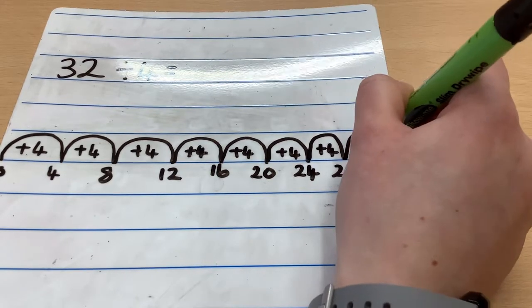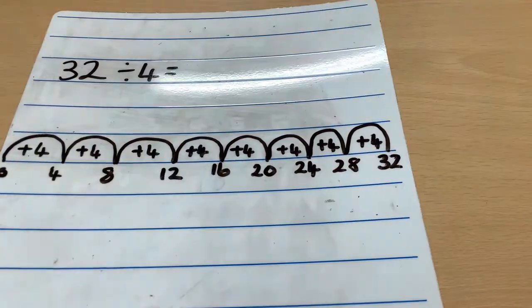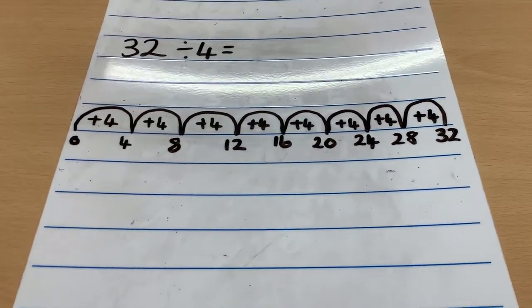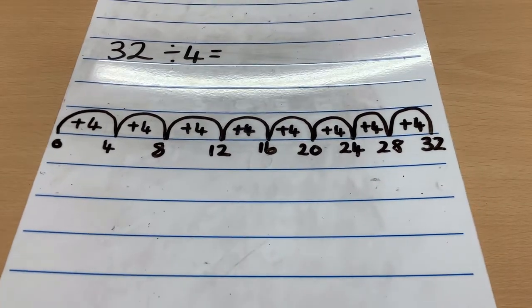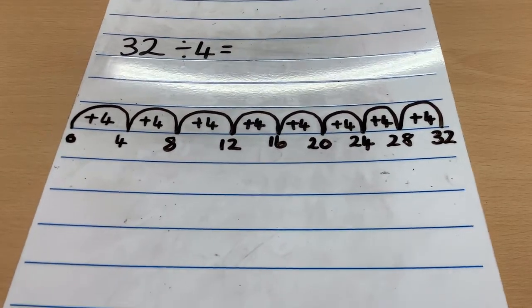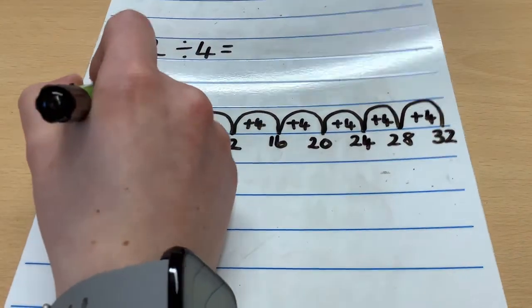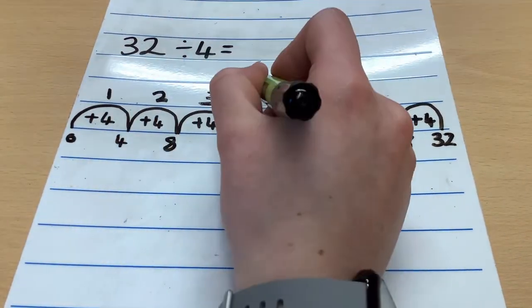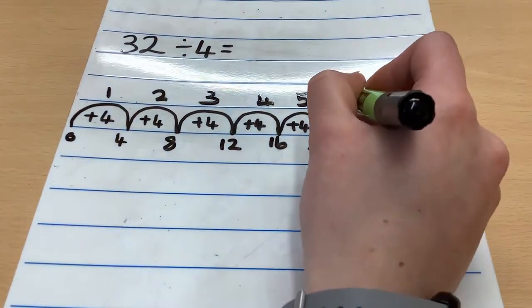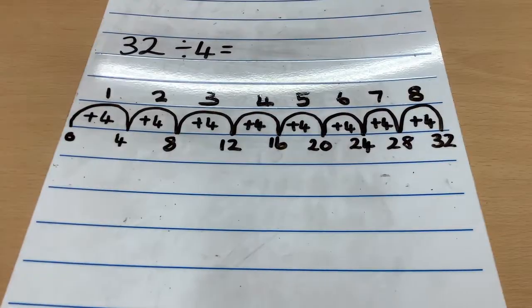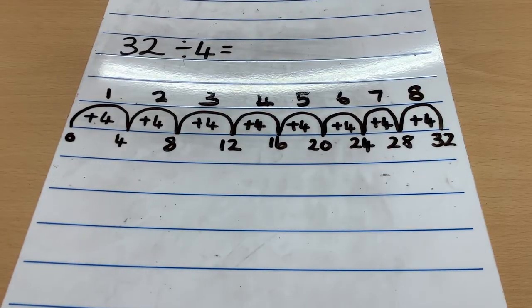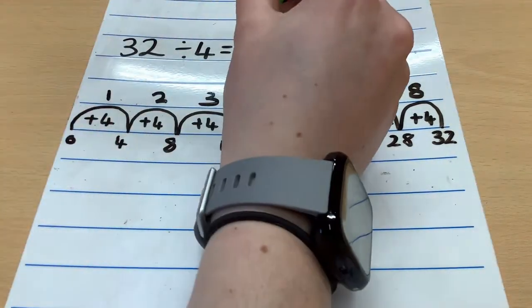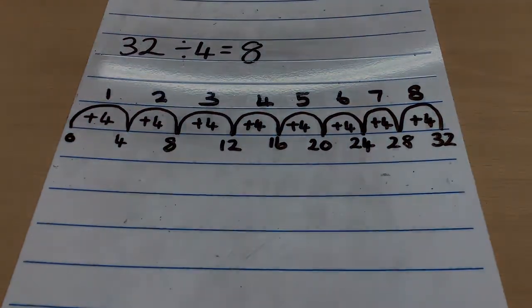And 28 add 4 equals 32. So that's where I stop because I've got to 32. Now to get my quotient, I need to count how many jumps I had to do. I did 8 jumps, so 32 divided by 4 has a quotient of 8.